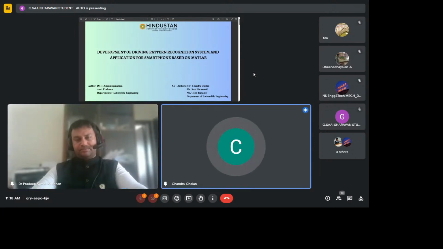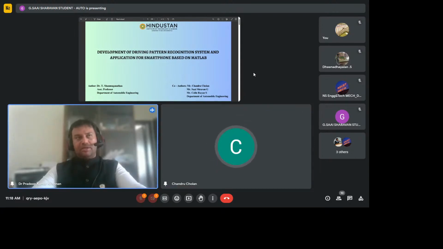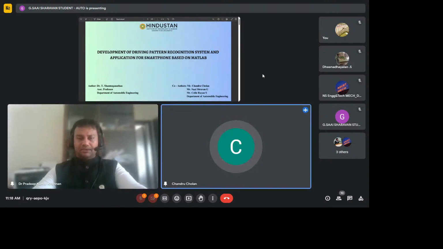Yes, sir. It's very easy to apply in real life. Right now, only cameras are placed in the traffic, and only the speed limit is captured by the government of Tamil Nadu.